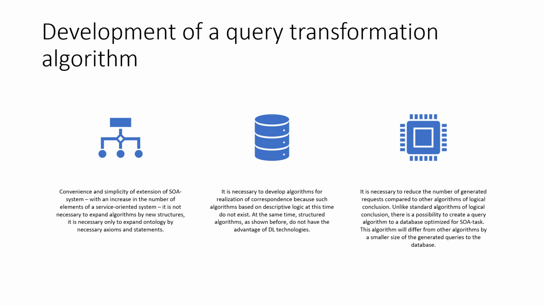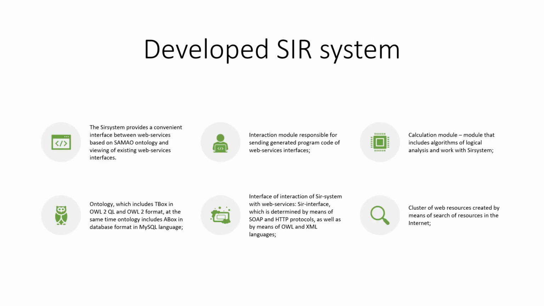Unlike standard algorithms of logical conclusion, there is a possibility to create a query algorithm to a database optimized for a SOA task. This algorithm will differ from other algorithms by a smaller size of generated queries to the database. Based on this concept, we developed an SIR system.